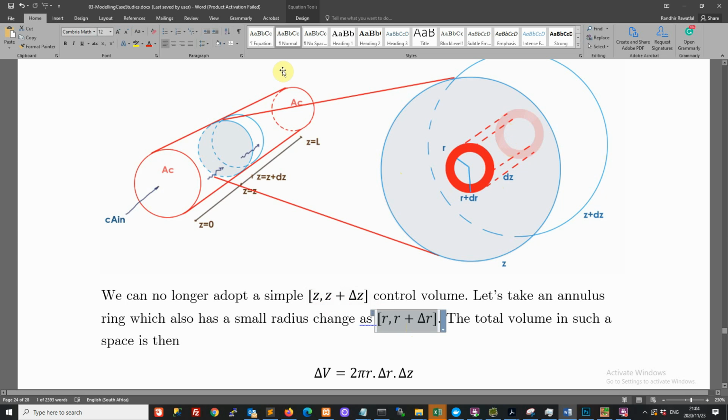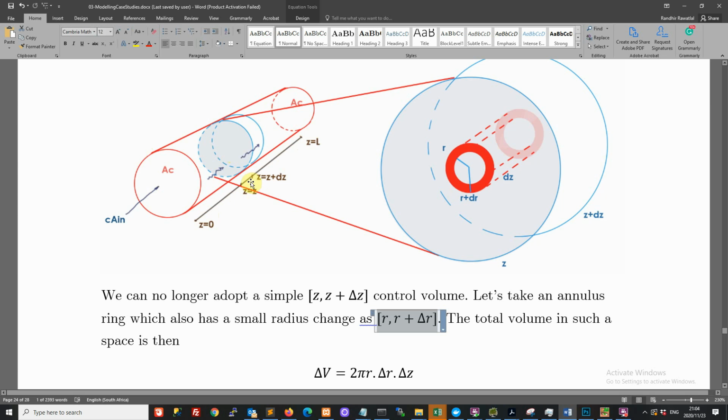The best way to do that is by progression with the previous case study. In the previous case study, we understood how our space was between Z and Z plus delta Z. When we chose the space like that, we were able to write a material balance and develop our concentration as a function of Z, and even with time, so we even solved the equations.